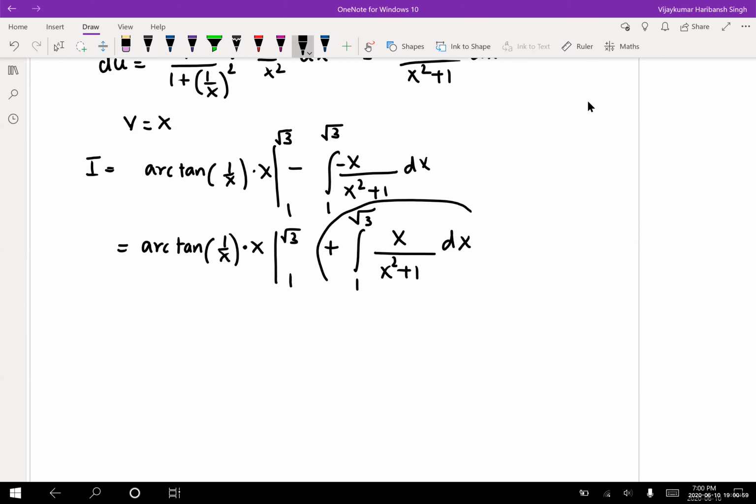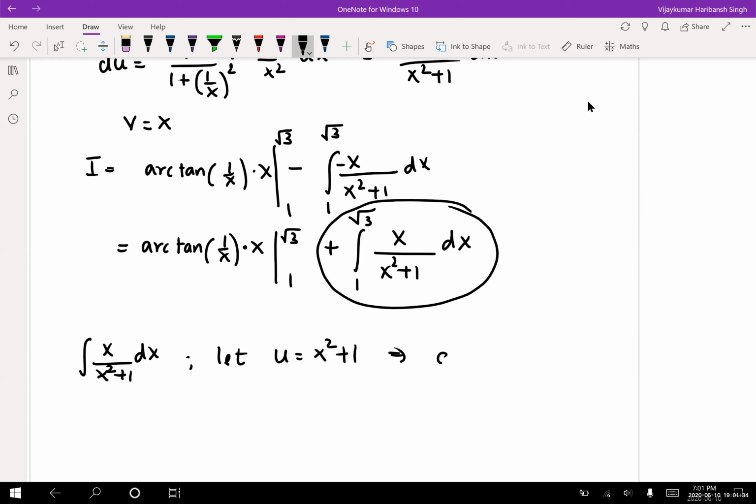In this integral, if you look at the derivative of the denominator, x squared plus 1, the derivative of that is 2x, which is on the top. So let's compute this. I will compute this without the limits and then put the limits later on. So x upon x squared plus 1 dx. Let u be x squared plus 1.